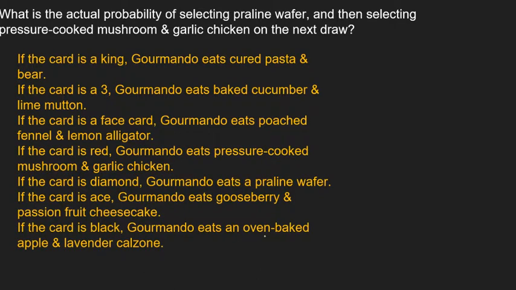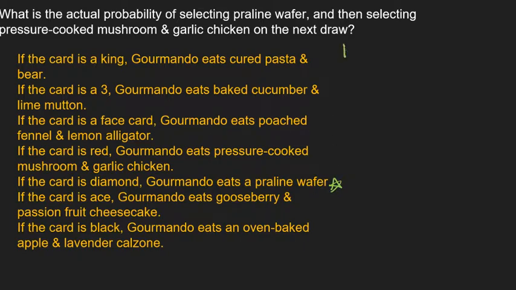So, just like before, once you have your formula, you're going to use your formula from the last slide to answer this question. So, what is the actual probability of selecting praline wafer and then selecting pressure cooked mushroom and garlic chicken? So, praline wafer is somewhere, where is it? I'm having trouble. Oh, here it is. If the card is a diamond.